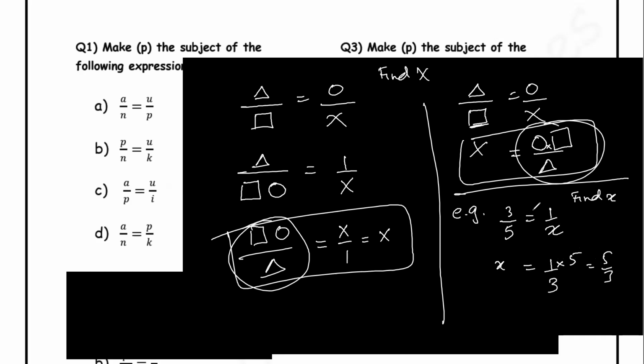So the limitation here is that if it was not 3 over 5 equal to 1 by x on its own, but it was also, let's say, 3 over 5 is equal to 1 by x plus some number or fraction like that, then you couldn't have applied this trick on either side. So it could be plus 2 out here as well. So you couldn't apply this trick if there was some addition or subtraction taking place.